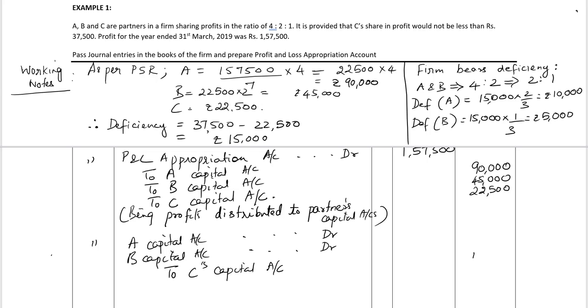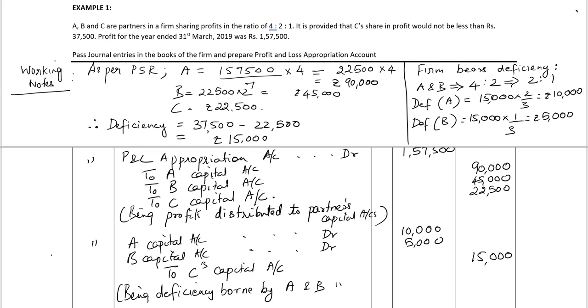Amount of deficiency rupees 15,000 against C and rupees 10,000 the deficiency to be borne by A and rupees 5,000 the deficiency to be borne by B. Being deficiency borne by A and B in 2:1 ratio.